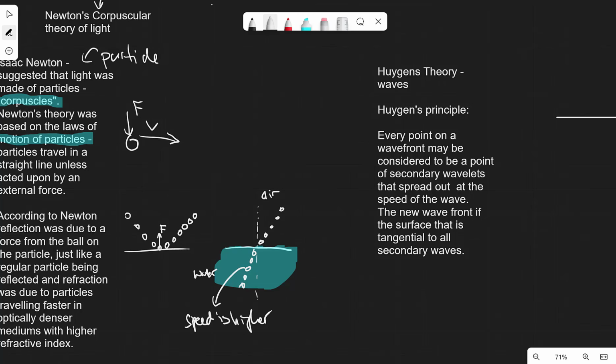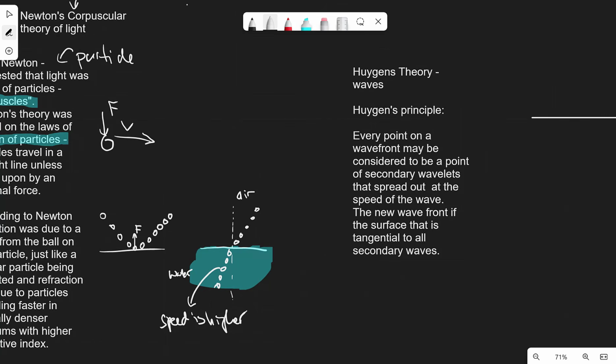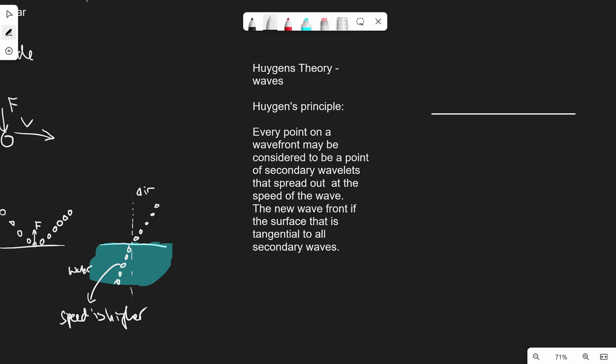However, let's stick to Huygens. So Huygens' principle relates every point on a wavefront. So let's say that we have a wavefront. Basically, we have a wave that is going in this way. His theory says that every point on a wavefront can be considered to be a point source of a secondary wavelet that spreads out at the speed of the wave.